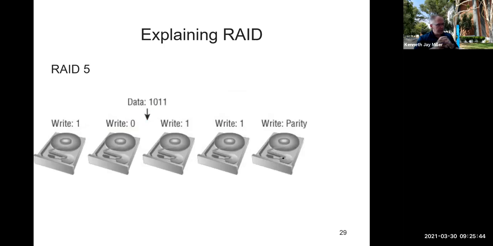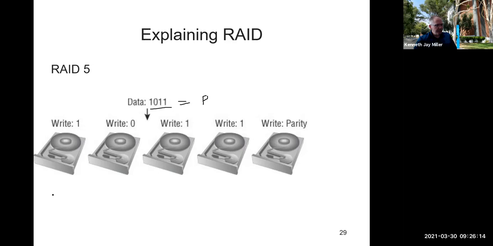So with RAID 5, here we have a total of 4 data disks, so data is written across 4 disks. And then we have a 5th disk where we use whatever the formula is to get our parity. The first time through, it'll be 1011 and then the parity calculation.